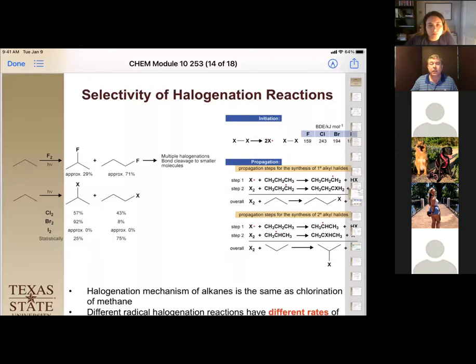So if we look at the reactivity, it's going to be more about the rate of reaction, which is going to give you selectivity of reaction. The faster the reaction goes, the less selective it's going to be. The slower the reaction goes, the more selective it's going to be. Okay, so let's see if that's true.